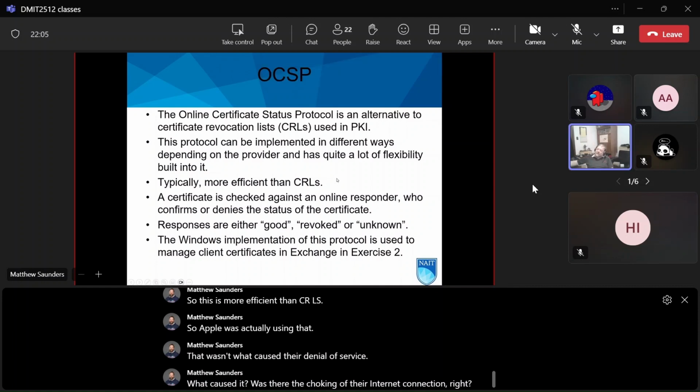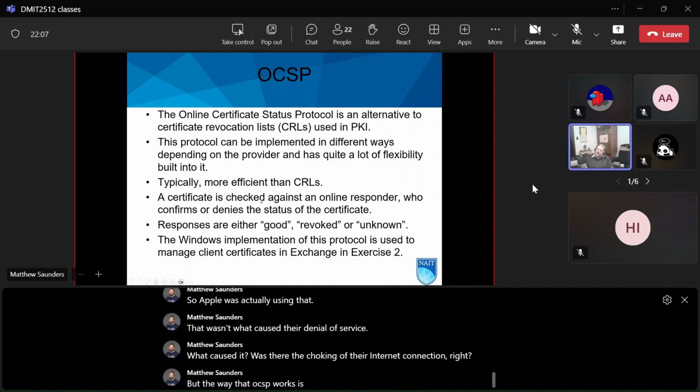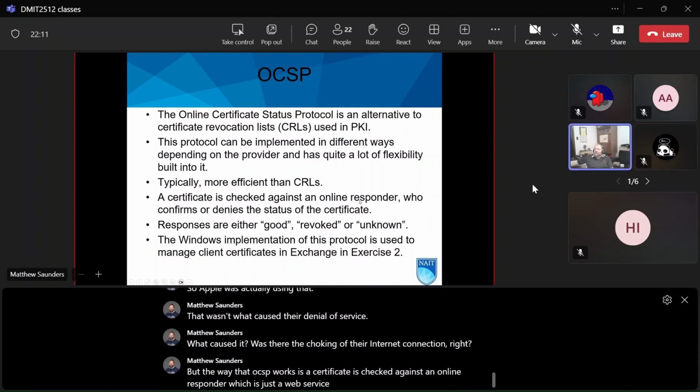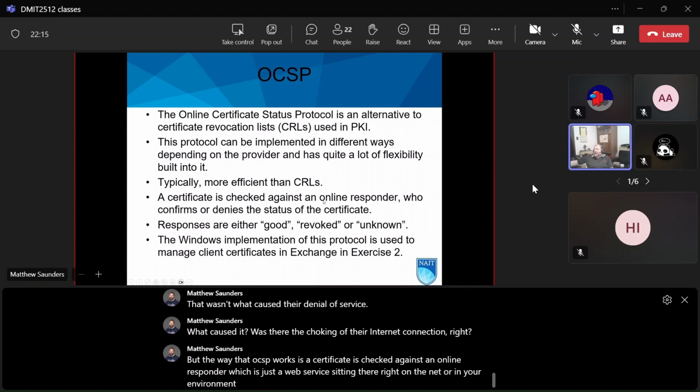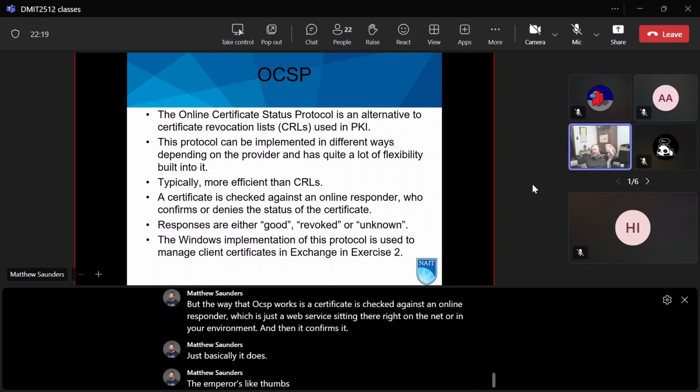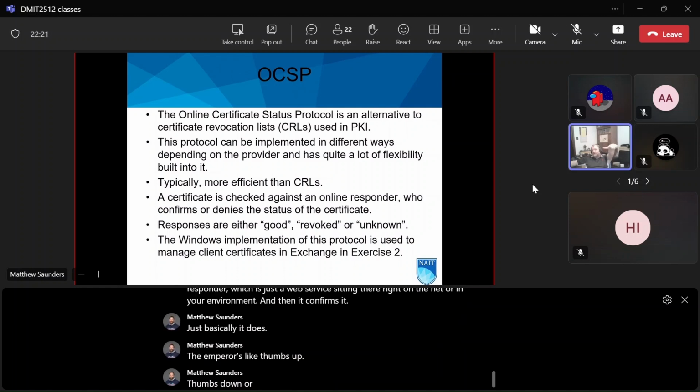But the way that OCSP works is a certificate is checked against an online responder, which is just a web service sitting there, on the net or in your environment. And then it confirms. It basically does the emperor's thumbs up, thumbs down, or I'm not really sure. So you have those three statuses.